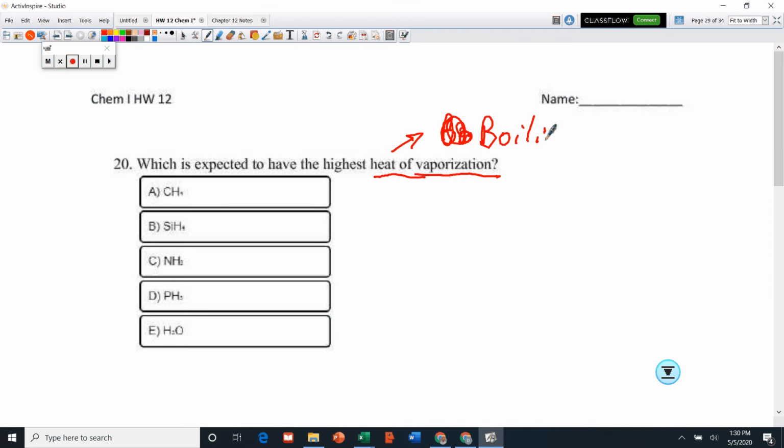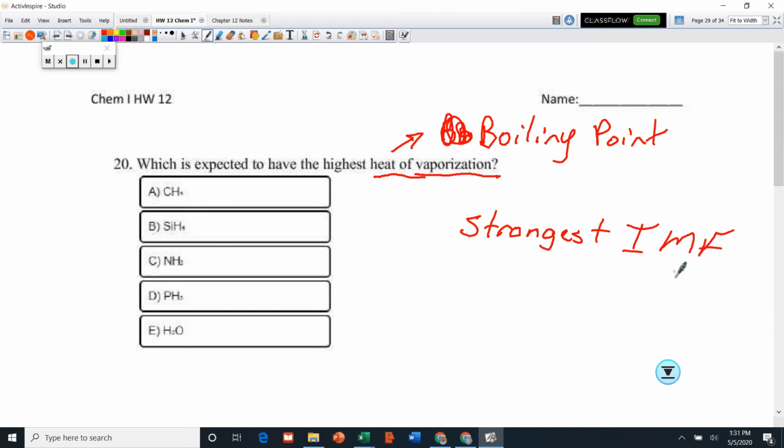Which one of these is most likely to be a liquid? In that case, we are looking again for the strongest IMF. If it said lowest heat of vaporization, you'd look for the weakest IMF. So again, you're going to have to look at the structures, which one is most polar, which one has the strongest H bonds, things like that.